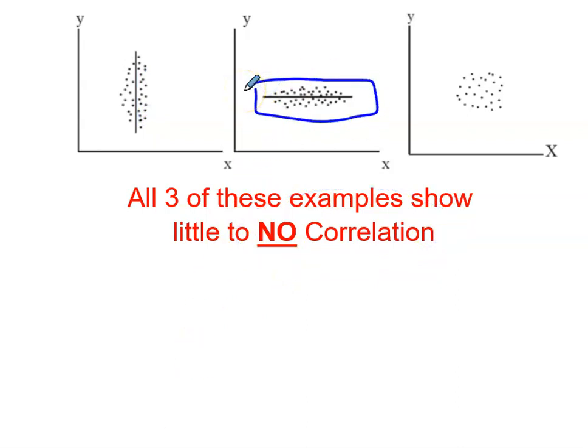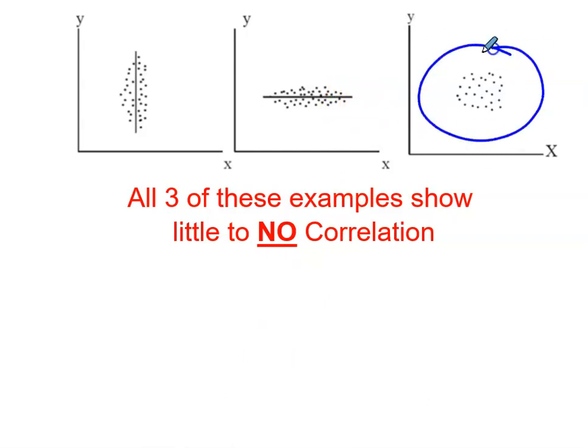You can't really say if it's moving upward or downward, because if I ask you to predict some more points as we move along from left to right, they could be here, they could be there. All of them would make sense and follow the pattern, but we don't necessarily know if it's going to be above or below that line. And this one, you couldn't really draw a line through the data and make any meaning at all. So that's definitely no correlation or no association.